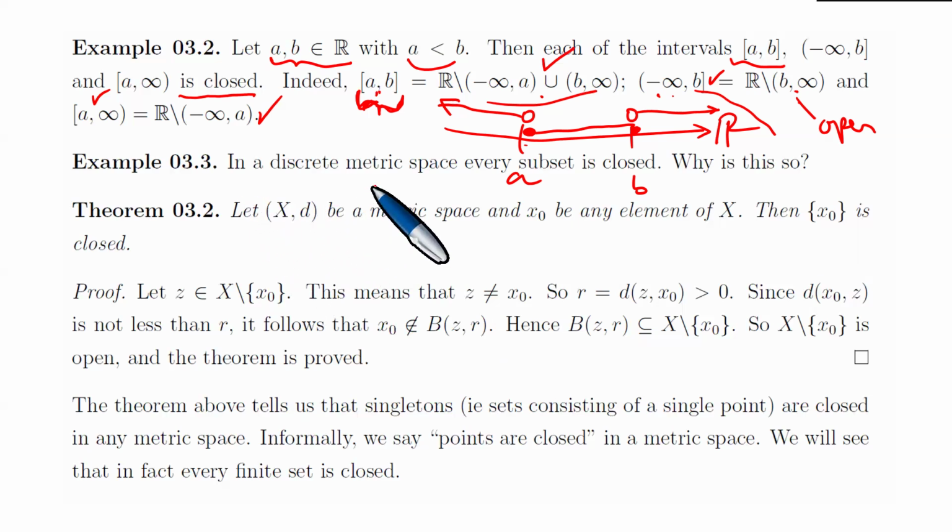Right. In a discrete metric space, every subset is closed. This is what we discussed briefly last time. And that brought us to the notion that the singleton itself is closed. Why is this so? We discussed it very briefly last time, and it is a notion that we can always revisit.